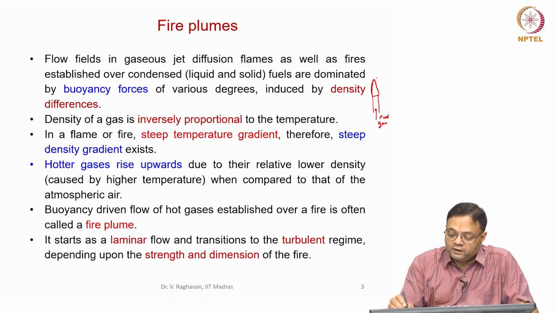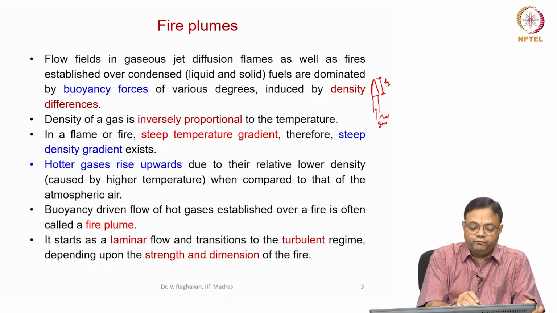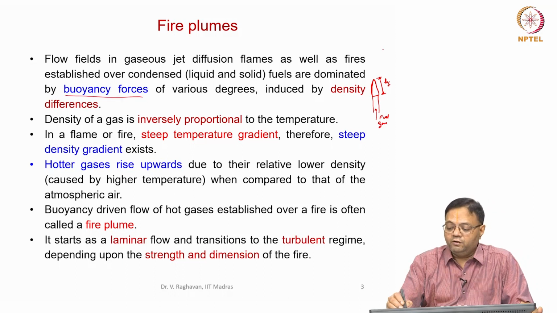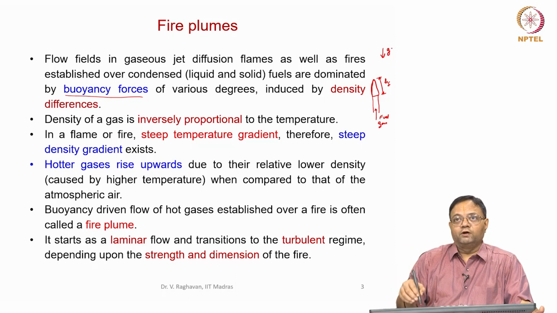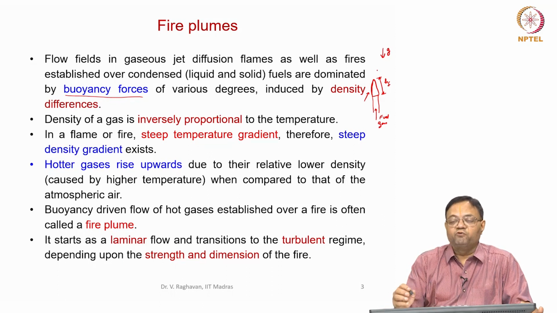The extent of this flame, which is the flame height HF, depends upon the momentum of the gas jet as well as the buoyancy forces, because you can see that gravity acts in the vertically downward direction, and this causes an air flow which is in the upward direction.